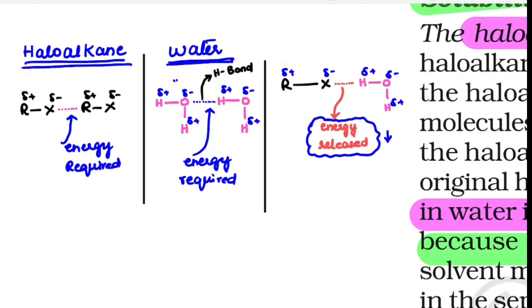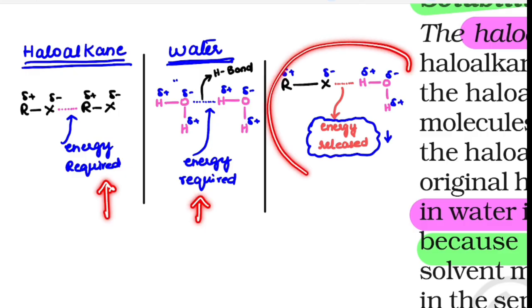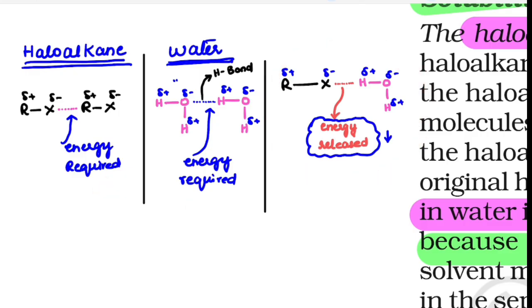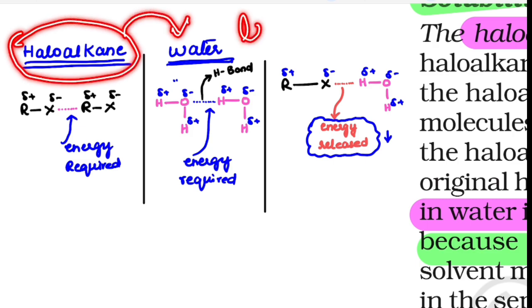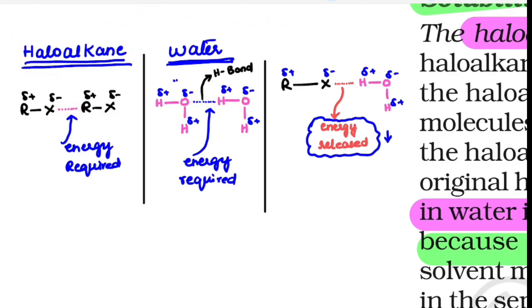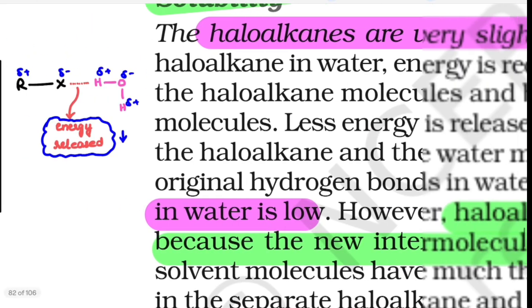Here again you can see a bond will be formed. When a bond is formed, energy will be released. The energy released will be very small when compared to the energy that is supplied. Therefore, this will be highly unstable. Therefore, the solubility of haloalkane in water is very less. Why? Because two different kinds of bonds are present, and the bond formed here is also different. Therefore, solubility will be very less in water.